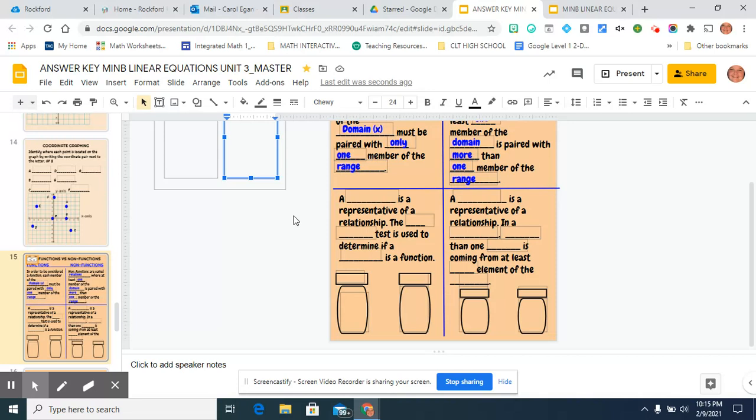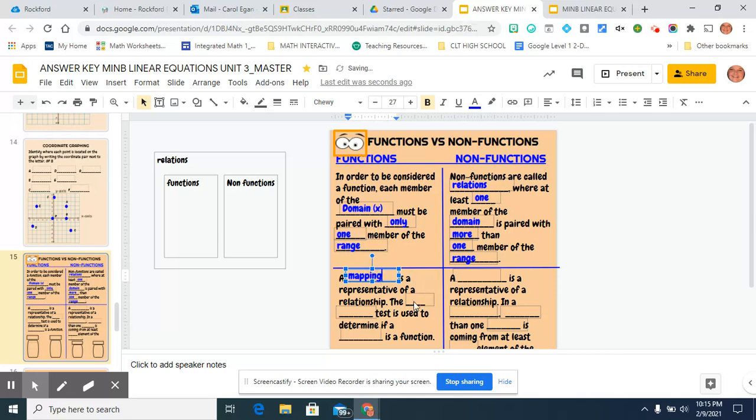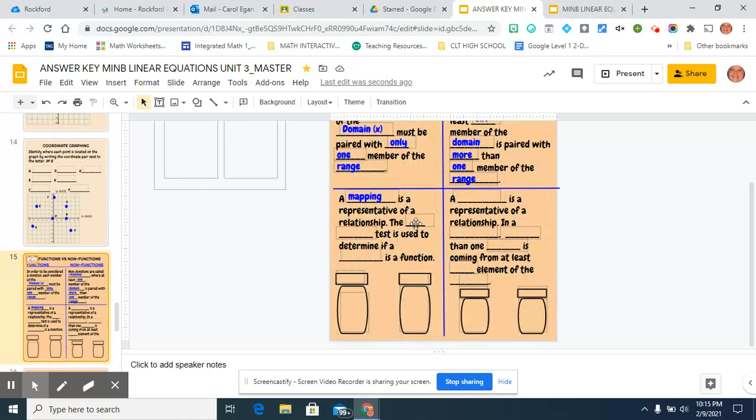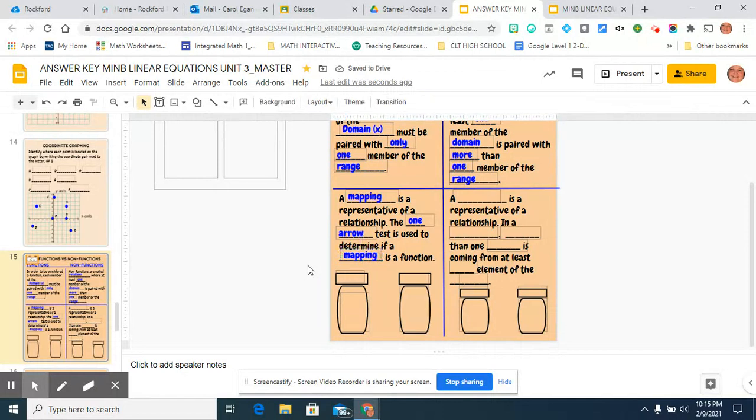This next one is probably going to be new for you, and it's called a mapping. A mapping is a representation of a relationship. The one arrow test is used to determine if a mapping represents a function.